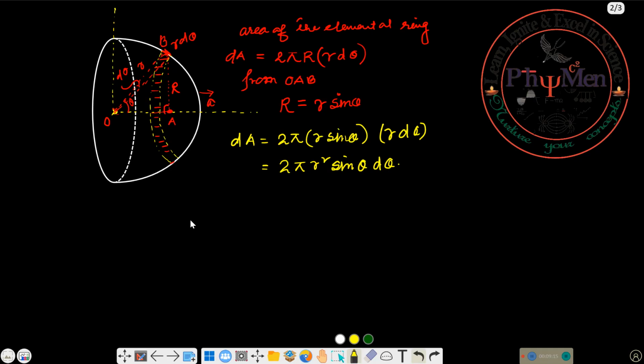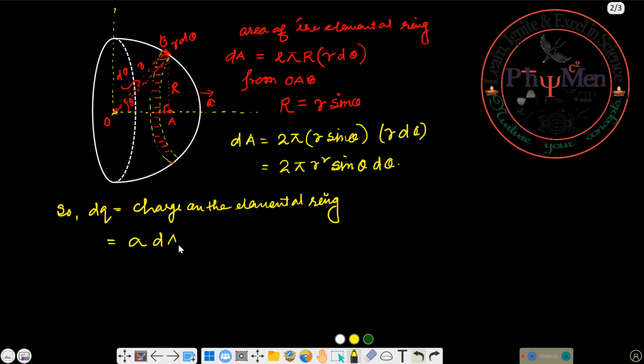Okay, so now what will be dq for this particular ring? dq is the charge on the elemental ring, and this will be equal to sigma into dA, is it?